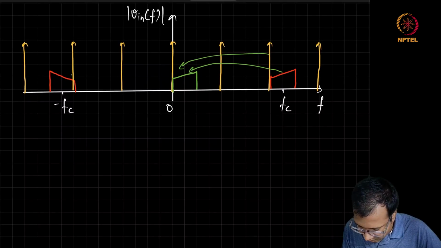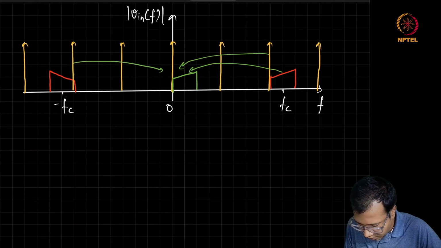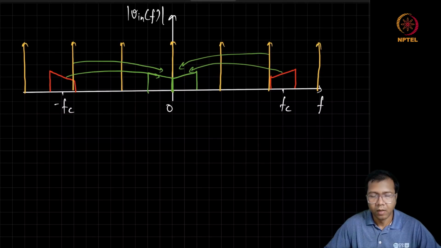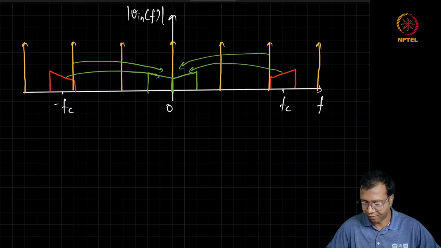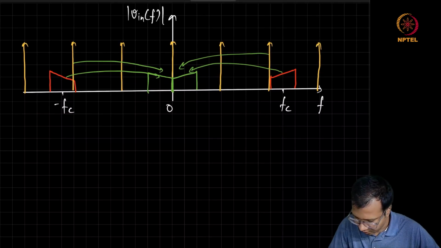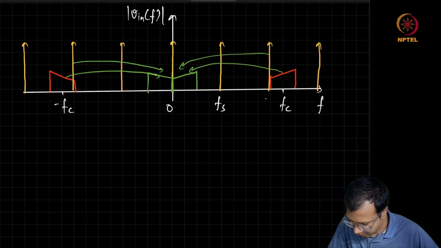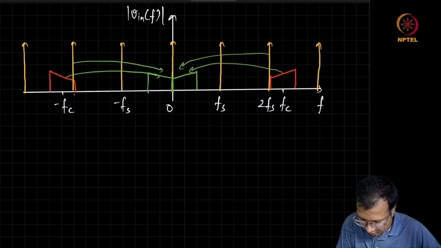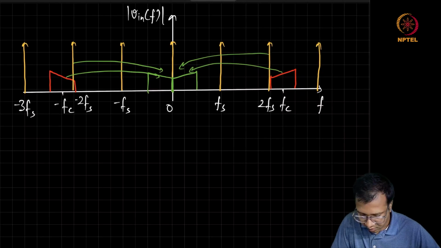And similarly, these two components are going to create this frequency spectrum after sampling. This is at Fs, this is at 2Fs, this is minus Fs, this is at minus 2Fs, minus 3Fs, and so on.